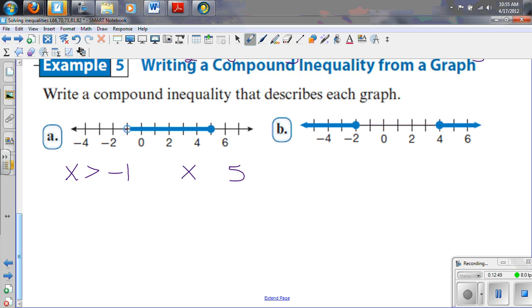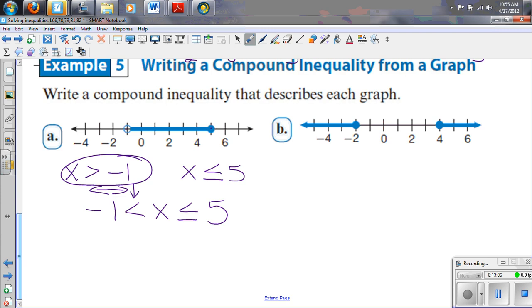And we have all numbers that are less than or equal to 5 because it's filled in. And so really what we have is -1 is less than x, which is less than or equal to 5. All I did is I took this and flipped it around and wrote it down there. Okay, so -1 is less than x, which is less than or equal to 5.